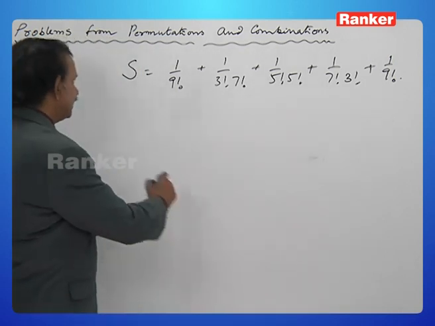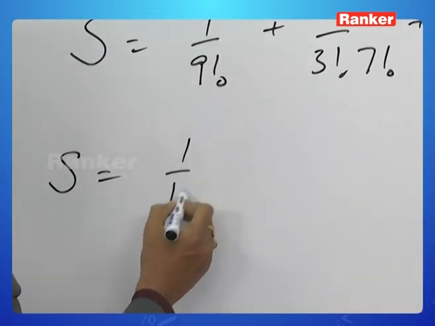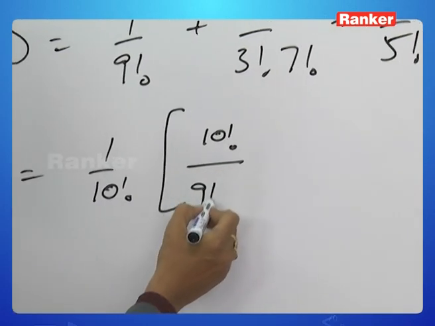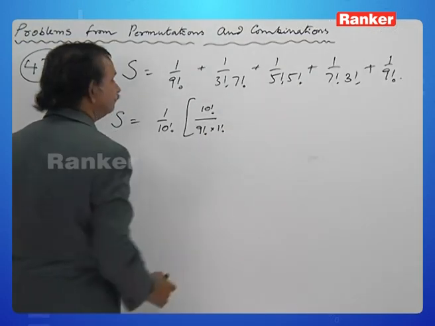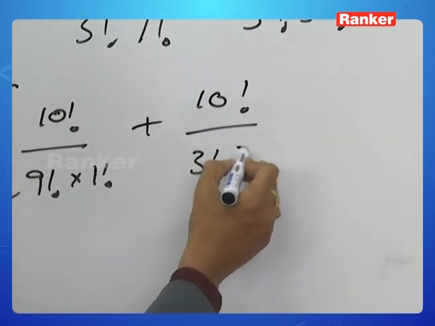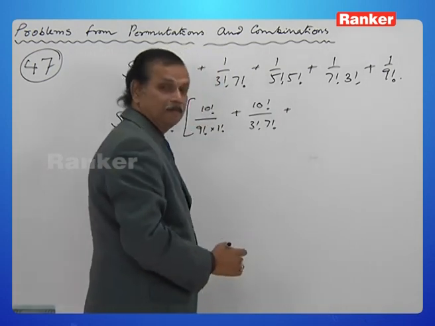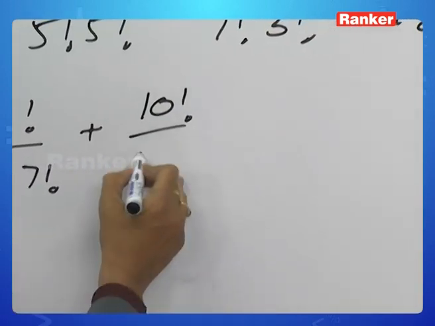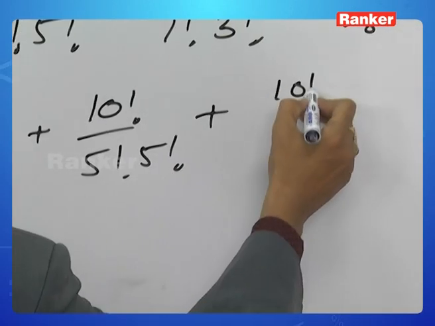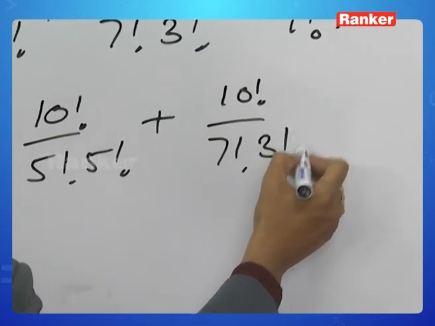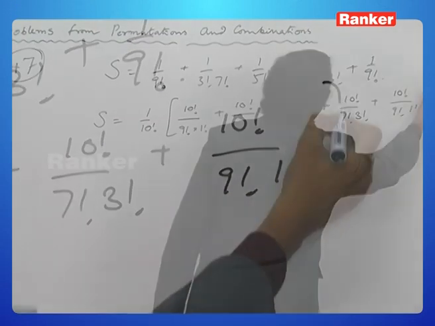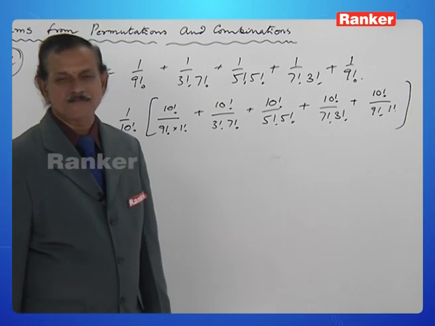Let us observe. S is equal to 1 by 10 factorial into 10 factorial by 9 factorial into 1 factorial plus 10 factorial by 3 factorial into 7 factorial plus 10 factorial by 5 factorial into 5 factorial plus 10 factorial by 7 factorial into 3 factorial plus 10 factorial by 9 factorial into 1 factorial, you will be having.